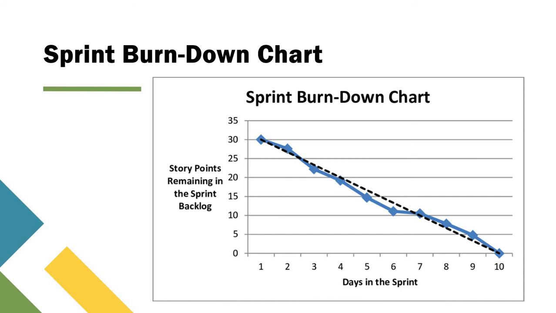Here you can see how many story points are remaining in the sprint backlog and the days in the sprint. So suppose there are 10 days for a sprint, and you can see the total number of story points for the particular sprint has been taken as 30.